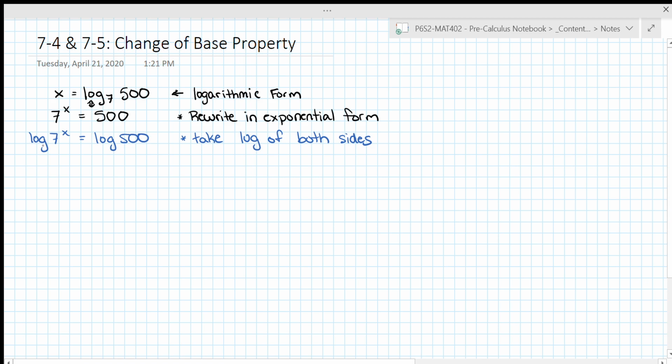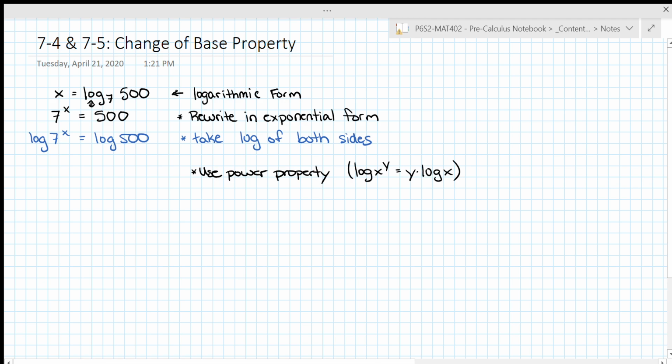Now we have this left side here, the log of 7 to the power of x. That is just like the power property that we had before, right? I can use this power property of logs that says the log of x to the y is equal to y times the log of x.